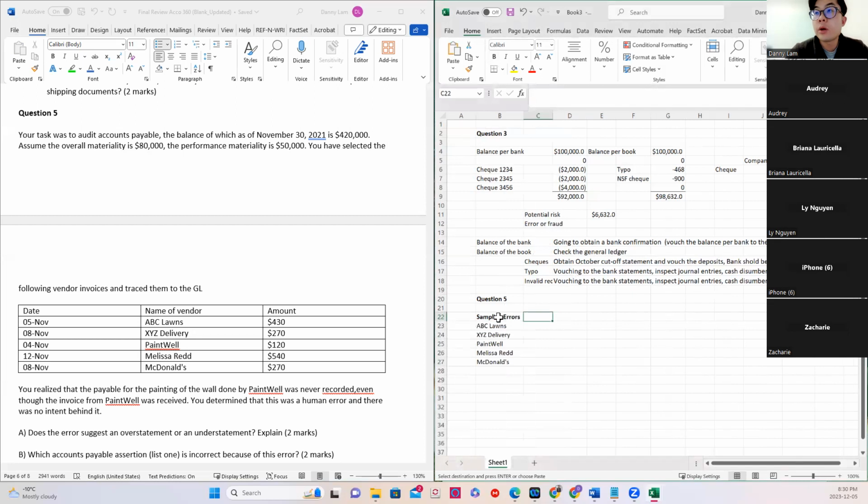So sampling error. What I like to do is always company entry, right entry, and then the adjustment. Okay, so guys, tell me, how much did they enter for this ABC loans?